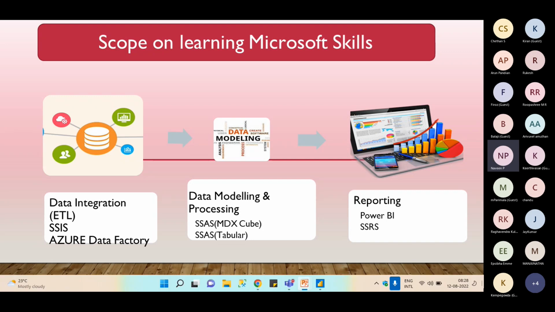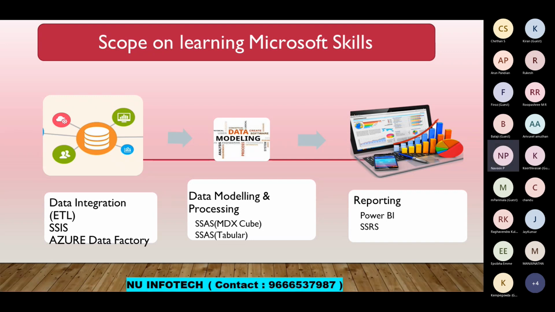SSRS was the reporting tool from Microsoft previously, but now it is Power BI, because SSRS doesn't have enough capabilities to meet the latest functionalities or latest tools in the market. So they have come up with a new option called Power BI. What Power BI is and how it is developed, we will understand in upcoming lessons to have a clear idea.